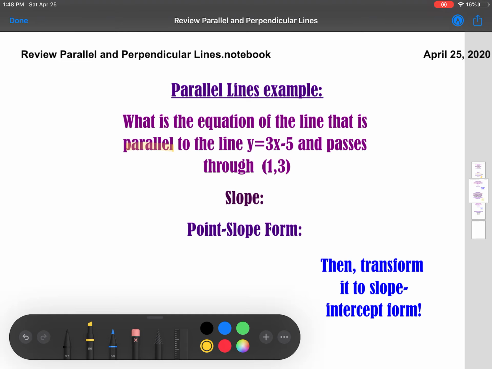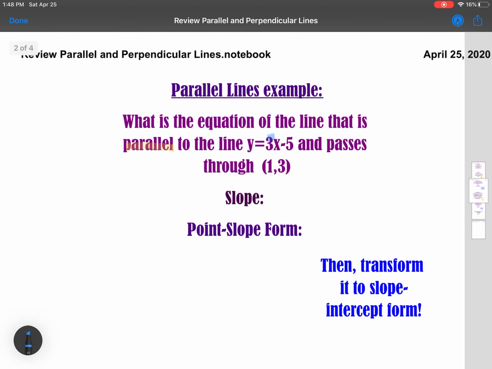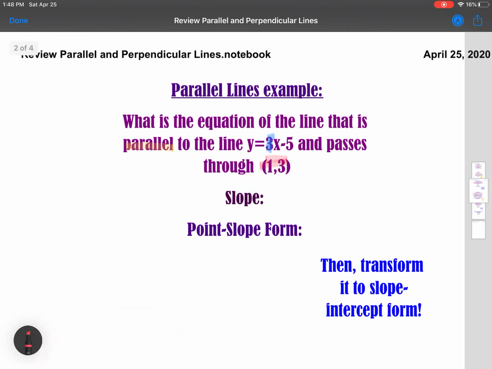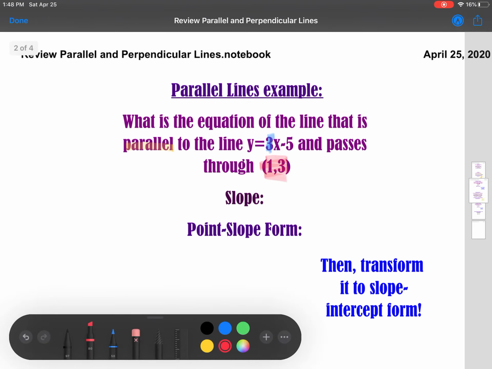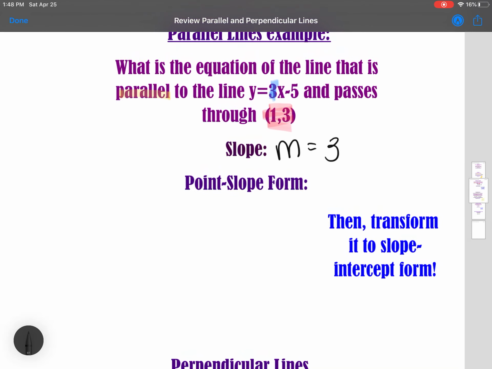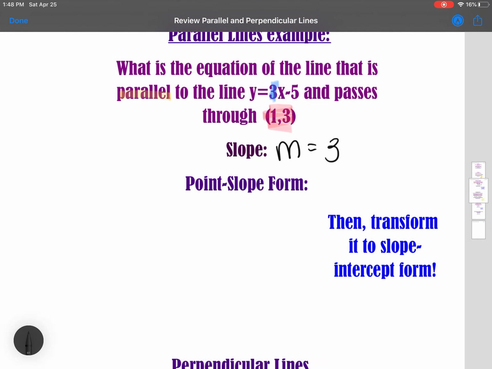So if it's parallel, the slope is going to be the same. So my slope in this, and my point is (1, 3). Okay? So my slope, since it's going to be the same, m equals 3. Now, again, I just have to put it into point-slope form and then transform it into slope-intercept form, because our final answer has to be in slope-intercept form.